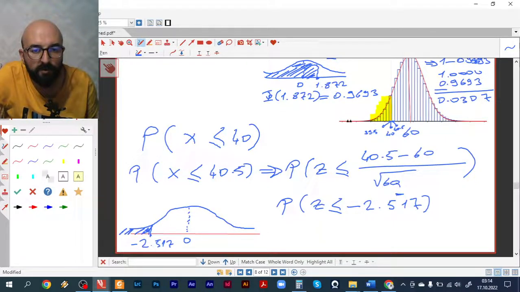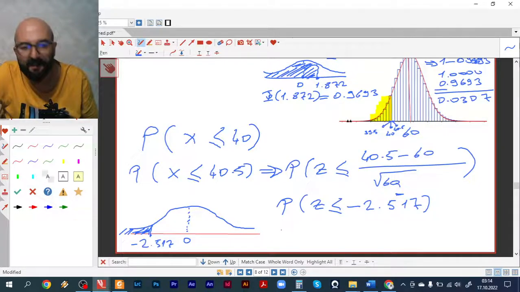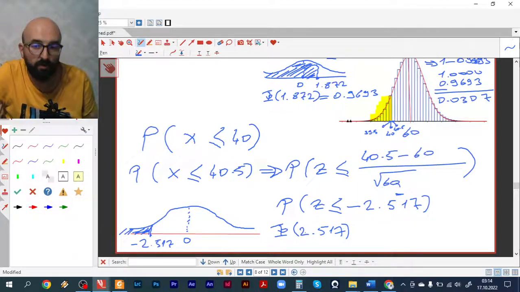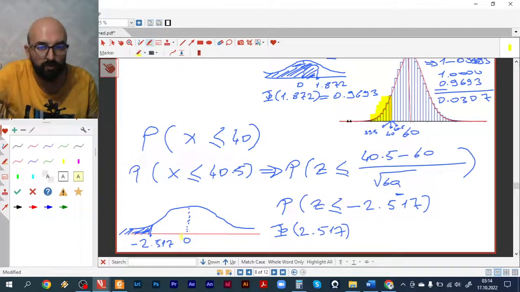If you look at the z table for phi of 2.517, and also negative 2.517, you can find the big area value.